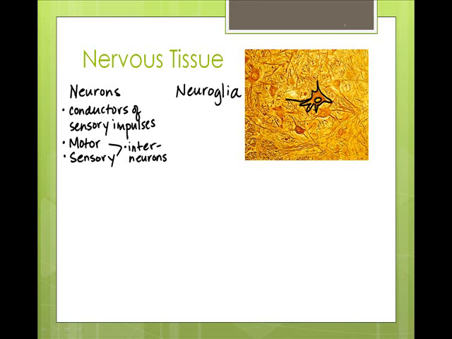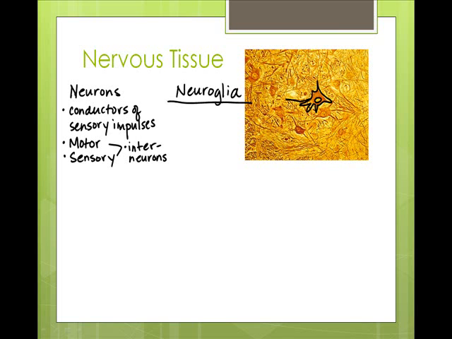But there are other cells in the nervous tissue that, although they don't participate in the conduction of sensory impulses, they do make the environment for the neurons livable. Without these other cells called neuroglia, the neurons would not be able to survive.